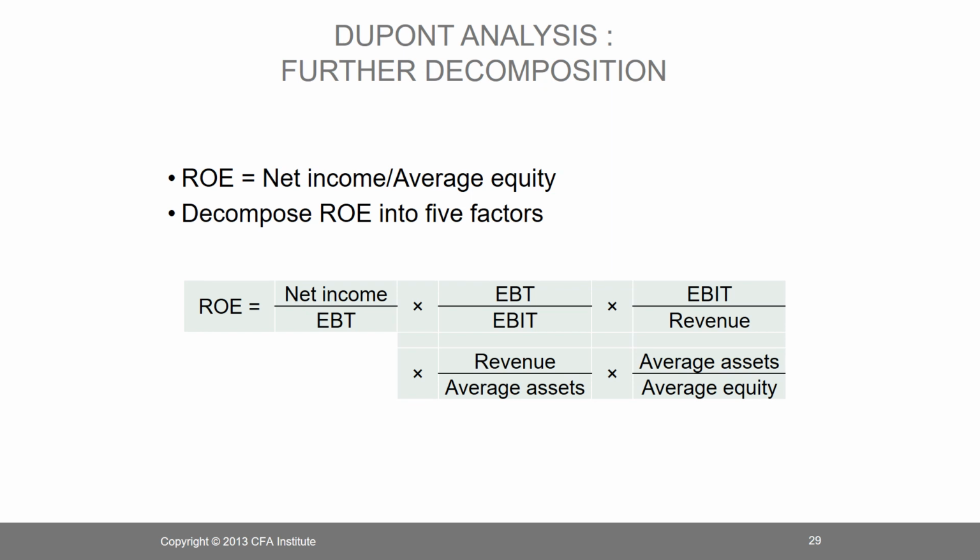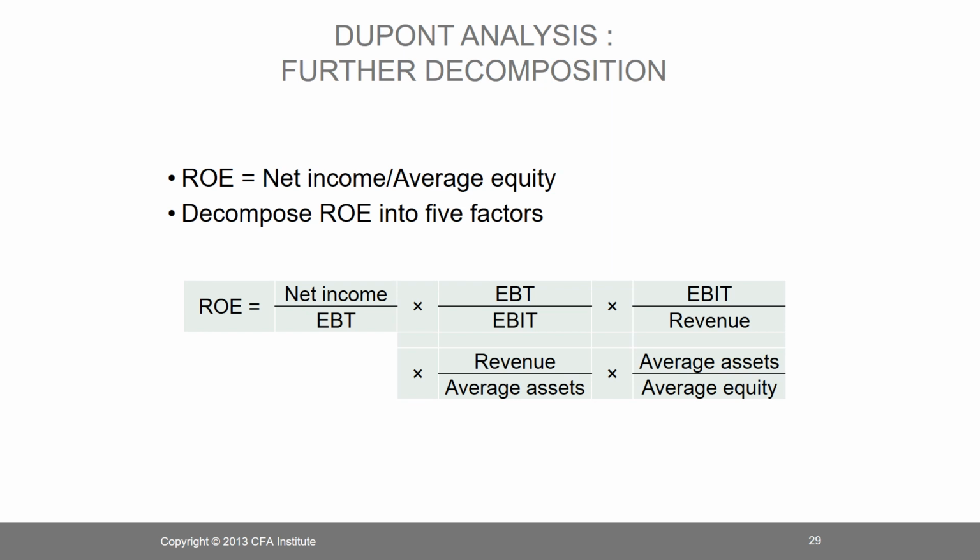Essentially, it reflects the percentage of pre-tax profits the company keeps as net income after deducting the tax expense. It is equivalent to 1 minus the average tax rate. For example, a 30% tax rate would yield a factor of 0.7 or 70%, which is 1 minus 0.3.